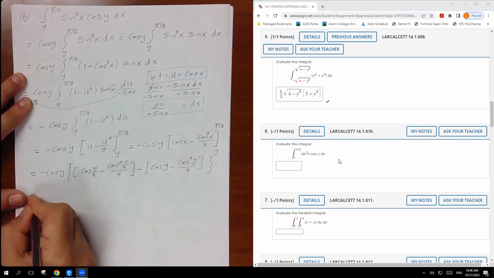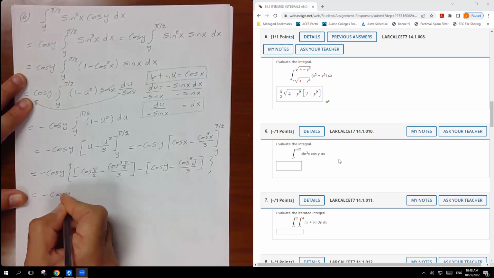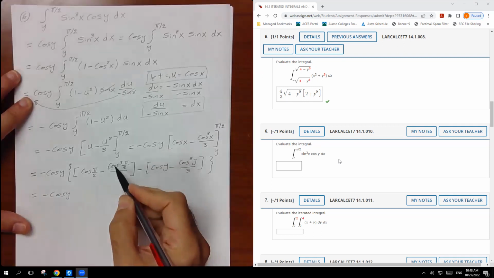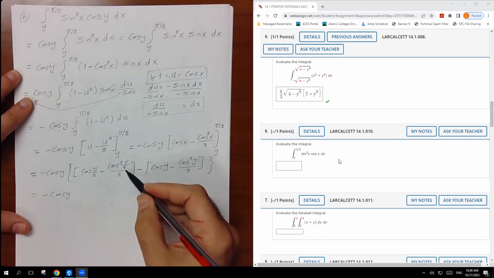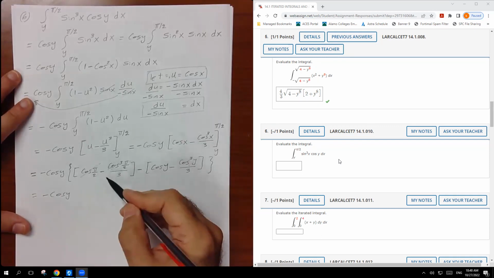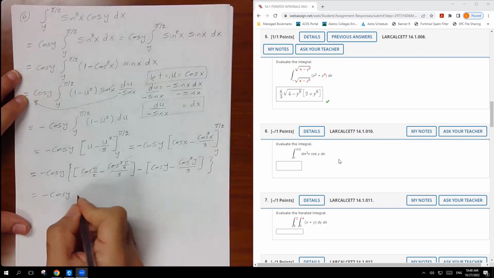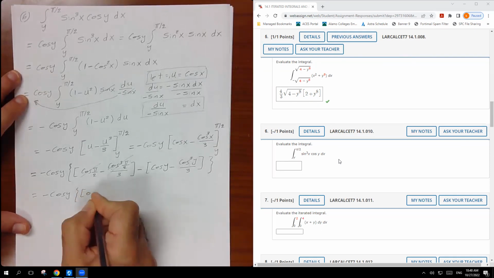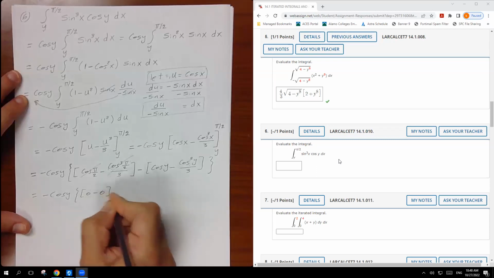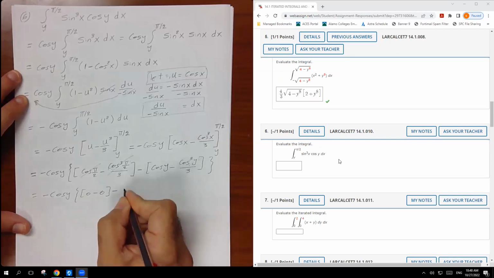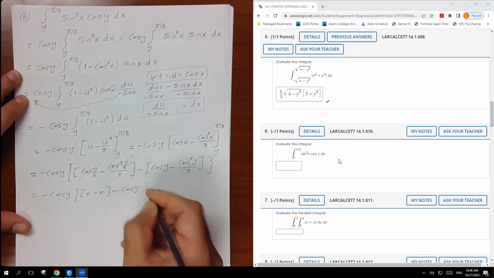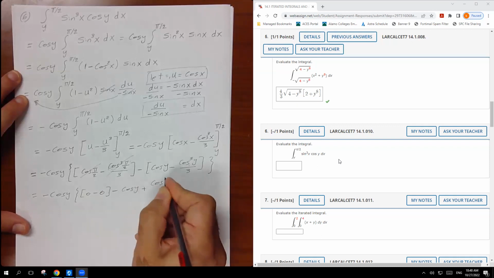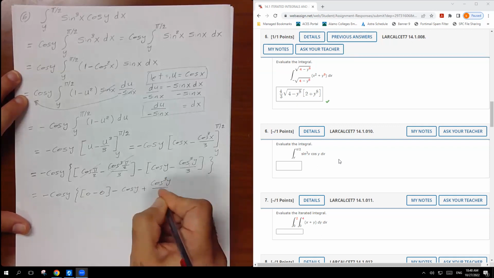So now this one is going to be equal to negative cosine y. Cosine pi over 2 is 0, so this is 0 and this one is 0. So everything here is going to be 0 minus 0. Minus this one, we're going to keep it as a negative cosine y, plus cosine cubed y over 3.